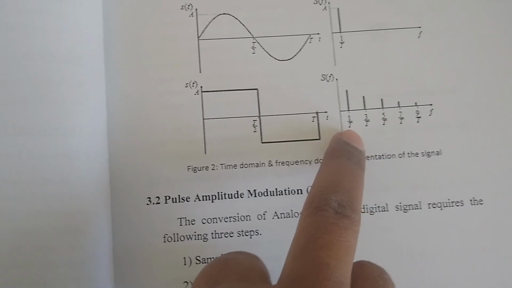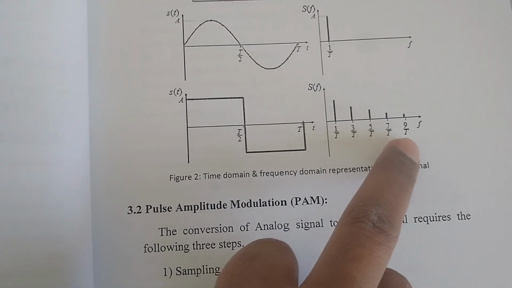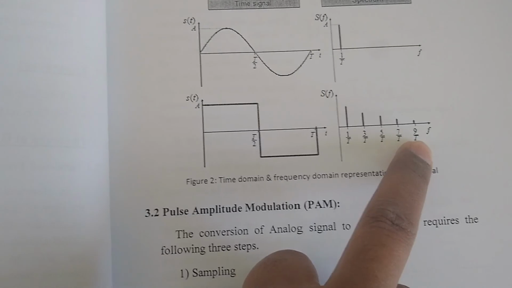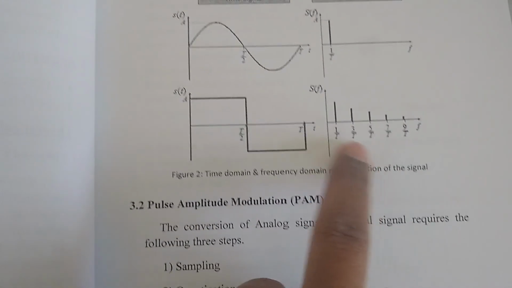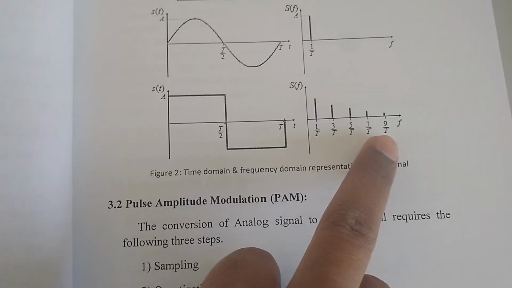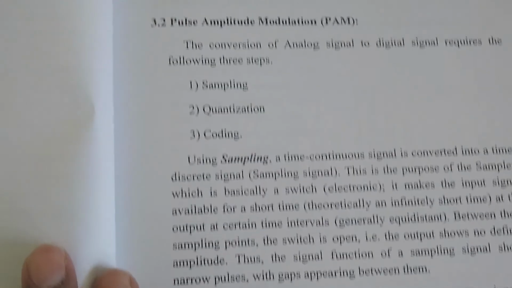So the spectrum is at 1 by T, 3 by T, 5 by T, 7 by T and 9 by T. These are the odd multiples, where you will get the spectrum. So let us start with the experiment.